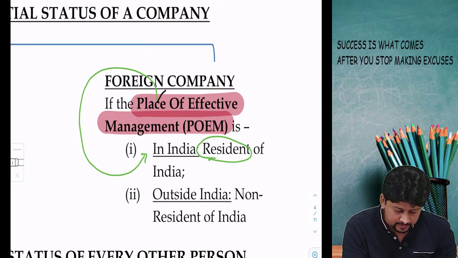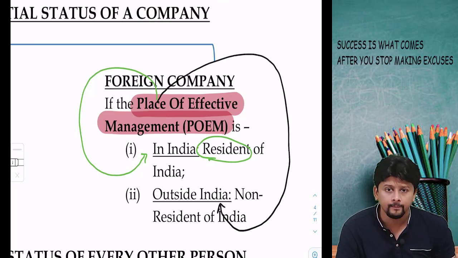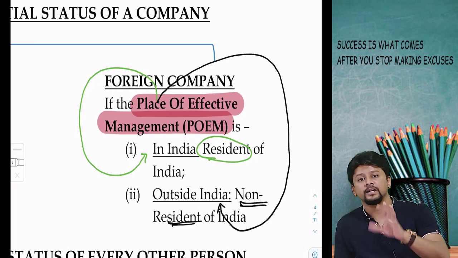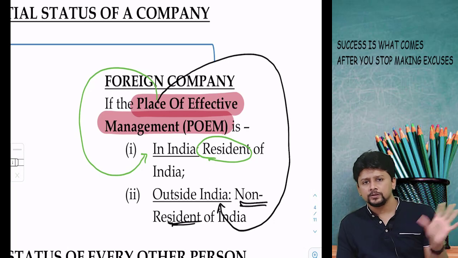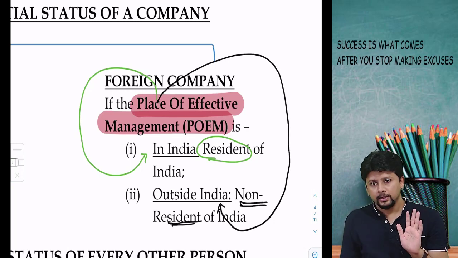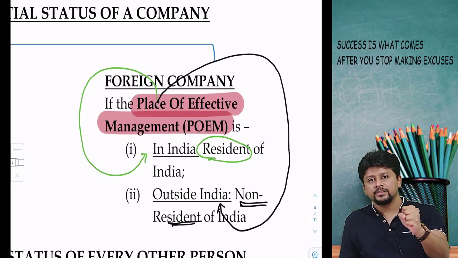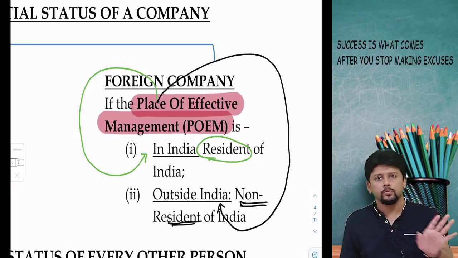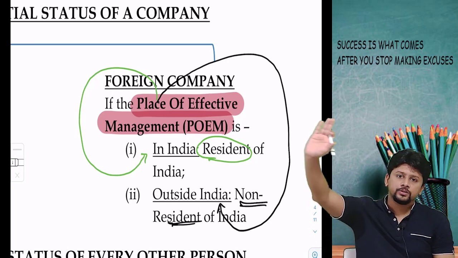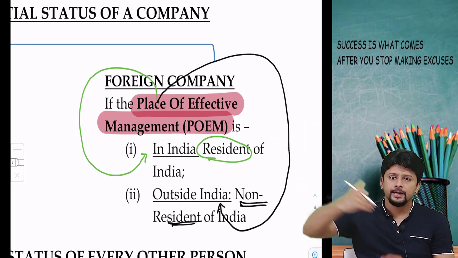If the place is outside India, then the foreign company is a non-resident. It is only the place of effective management. Where is the place? You are not bothered about wholly in India or partly in India, nothing doing. Whether all decisions are taken or some decisions are taken in India does not matter. If the place is in India, resident. If the place of management decision making is outside India, non-resident.